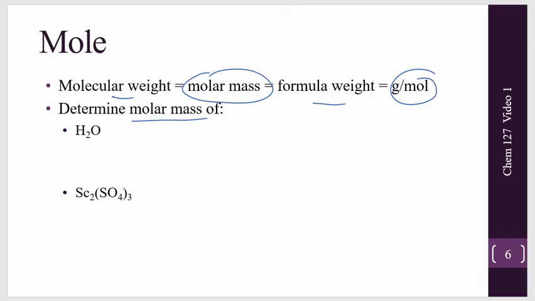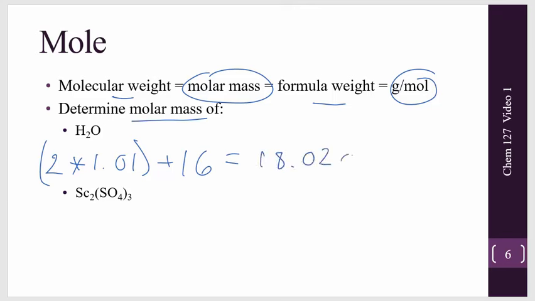There's just 1, and it weighs 16 grams per mole. So here we get a total mass of 18.02 grams per mole. This is our conversion factor between grams and moles for water, for H2O only. Every molecule has its own conversion factor, its own molar mass.